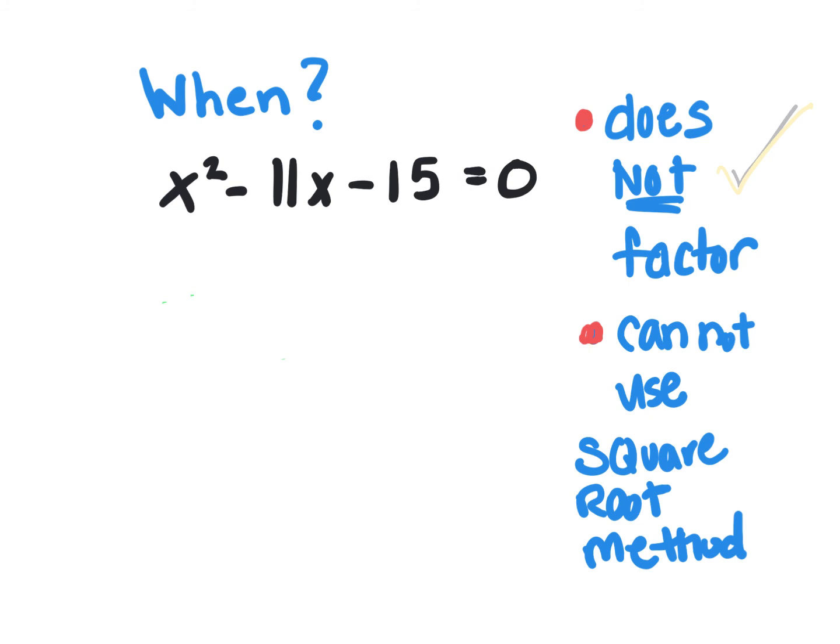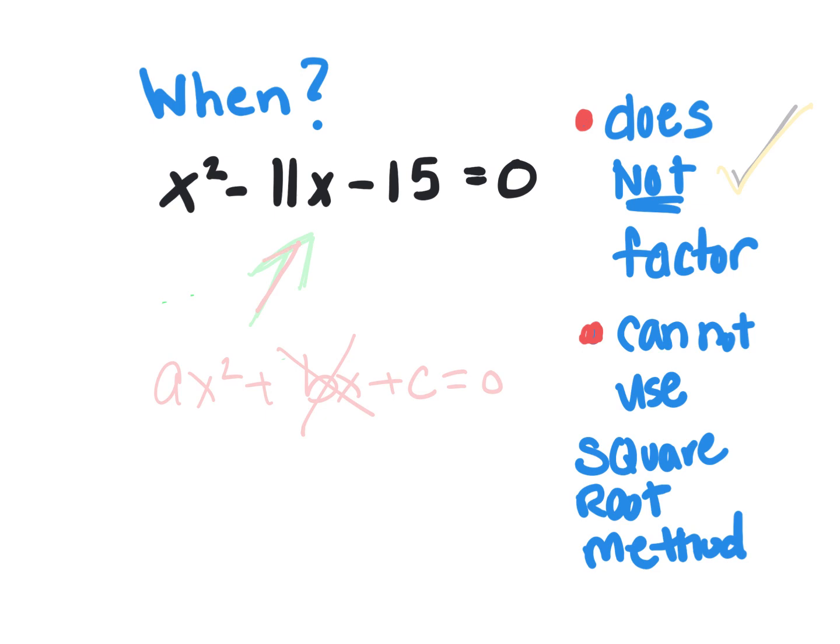Then I would say, well, can I use the square root method? And remember that for the square root method, it has to be missing that middle term. We talk about this being ax squared plus bx plus c equals 0. For us to do the square root method, this term has to be missing.